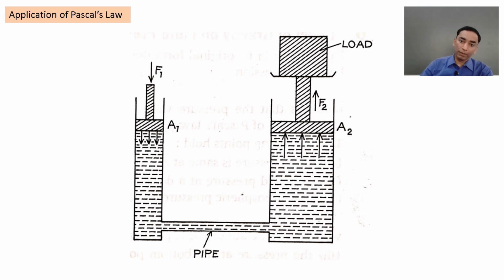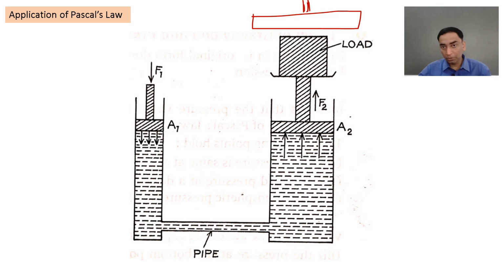Now this is a hydraulic press, or you may call this a hydraulic lift as well. This is basically a lift. If you keep some hard piston over here, then the load will be pressed, and that would be known as a hydraulic press. So both are more or less the same. Now, this is a smaller area.